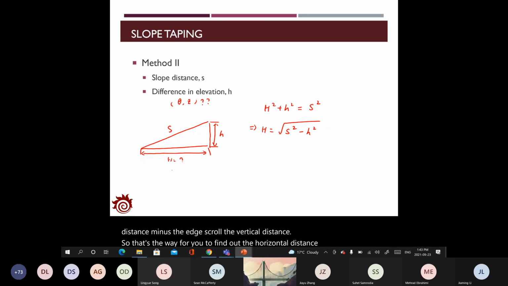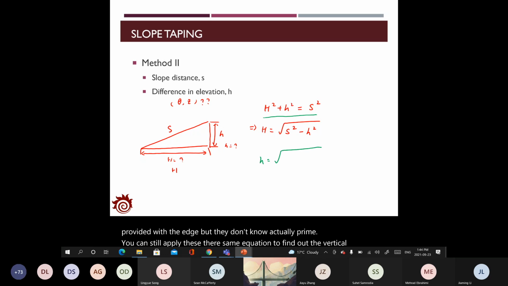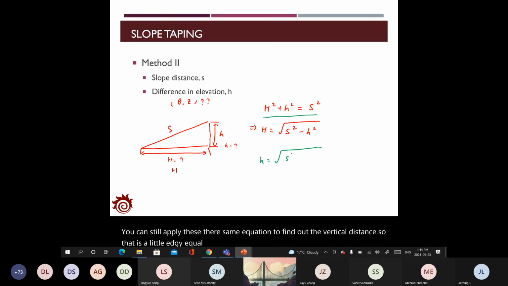Also, if we are provided with h, but you don't know capital H, you can still apply the same equation to find out the vertical distance. So that is capital H equal to the square root of s squared minus h squared. So that's the calculation from the slope and the horizontal distance to the vertical distance.